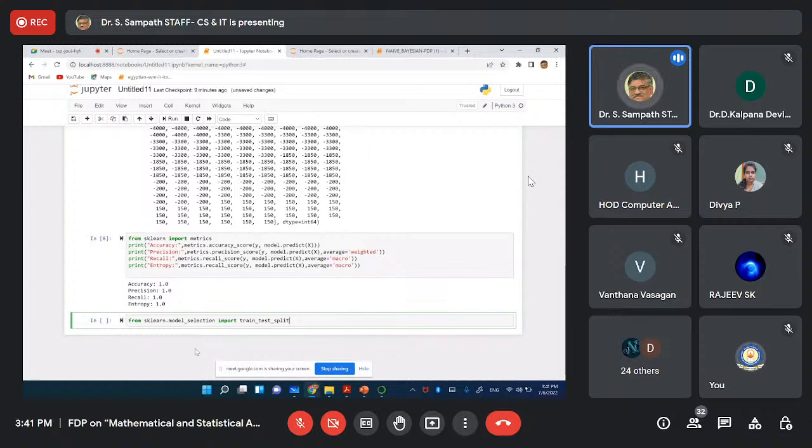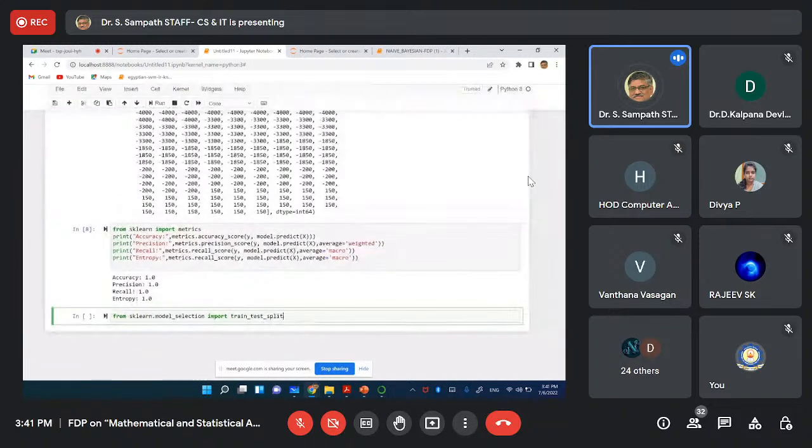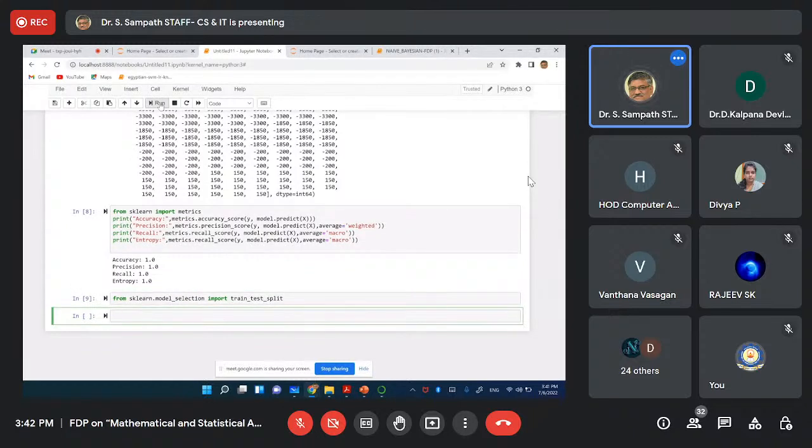I'm going to use this particular component for the purpose of dividing the data set randomly into train and test. That is the main role of train_test_split.